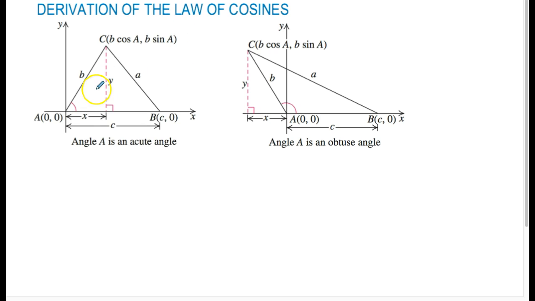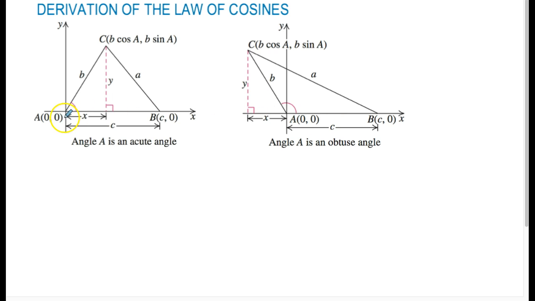Now, we can position any triangle such that we put one of the vertices at the point 0, 0 in a coordinate plane, and then put one of the sides along the x-axis. Right? If angle A is acute, it would look something like this, and if angle A is obtuse, it would look something like this.